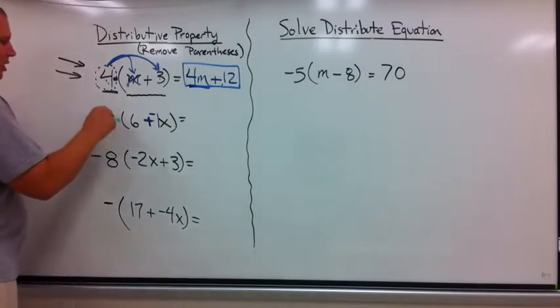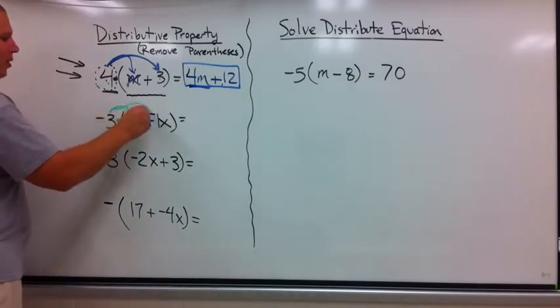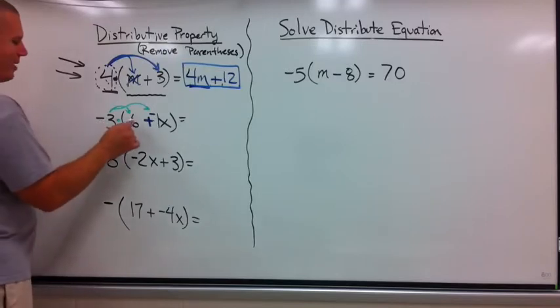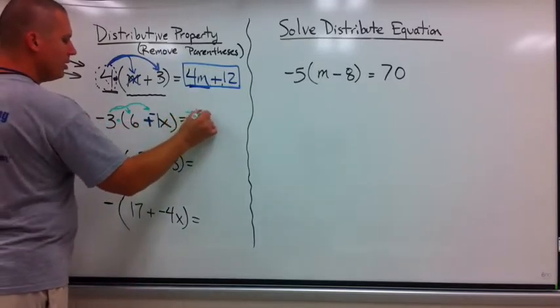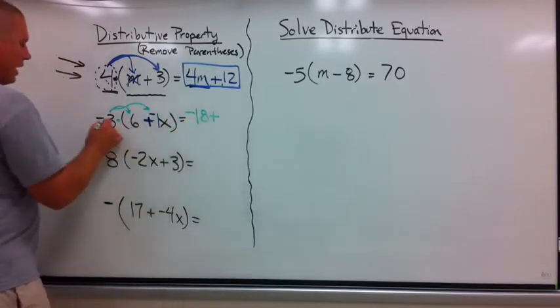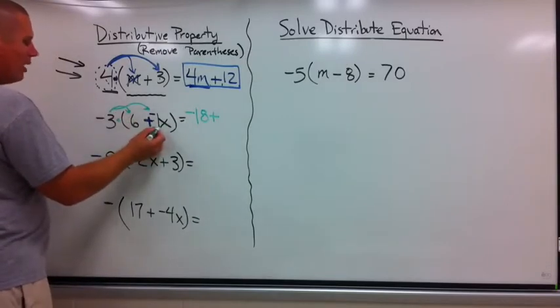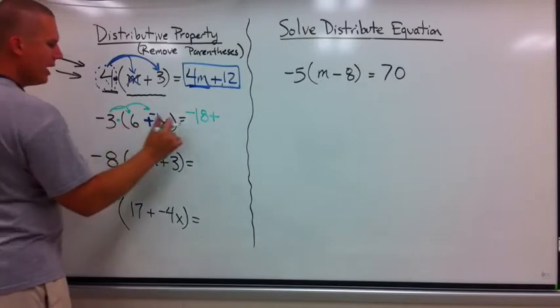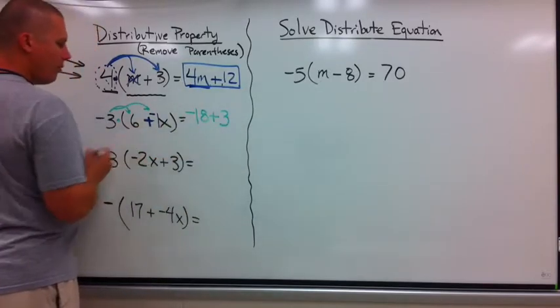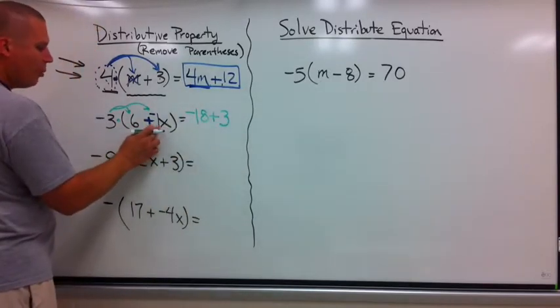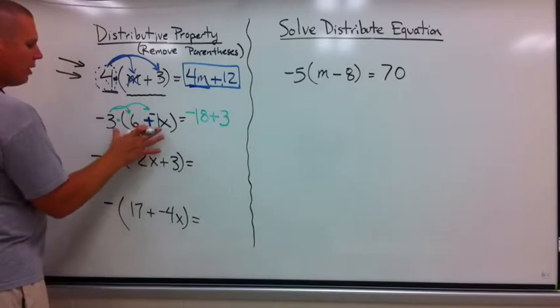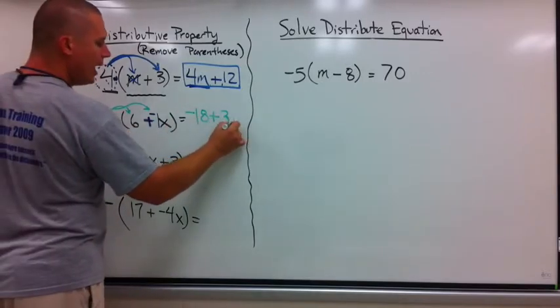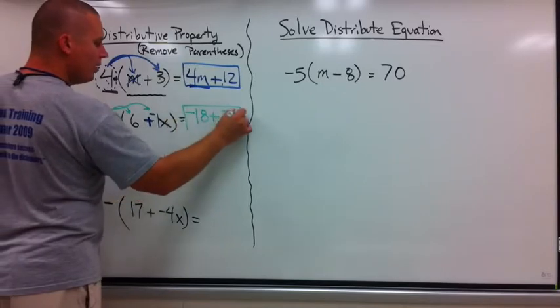Outside number times, jump it over the fence to everything on the inside. Negative 3 times 6 is negative 18. Negative 3 times negative 1x. Take the coefficients and multiply them. Negative 3 times negative 1 is 3. I still have an x with the 1. The x should now be with the term 3x. Put a box around. I am done.